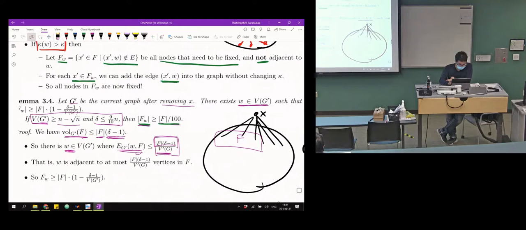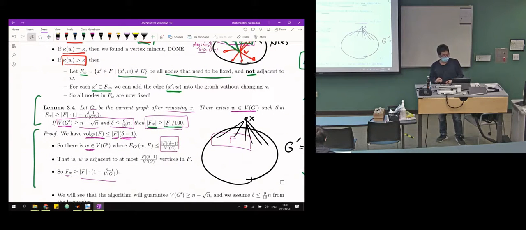And so because W is adjacent to this many nodes in F, the number of nodes which are non-adjacent to W is at least this.